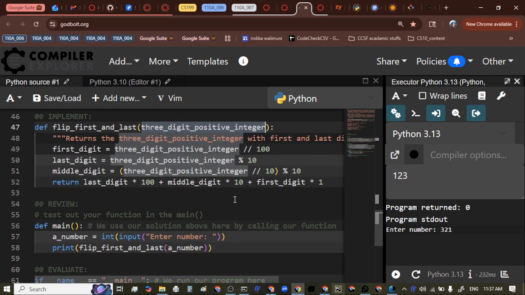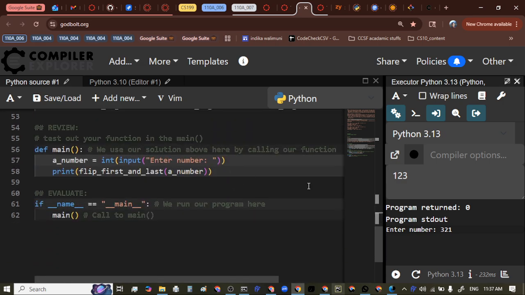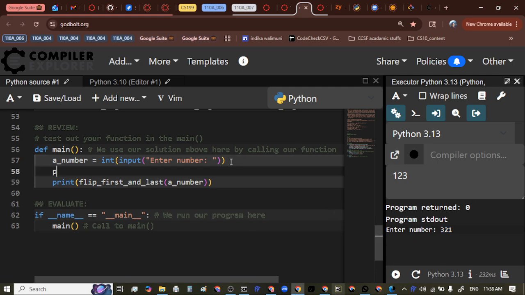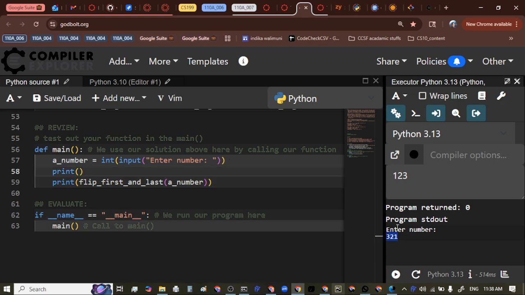You can see this is a little bit misleading, because this is our output, but it looks like we entered this one. To avoid that, you can add an empty print over here, so it will now appear one line below, like this. The input prompt in your input function is going to be part of your output.